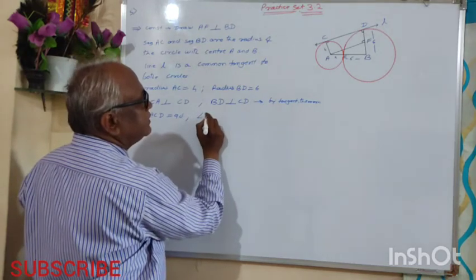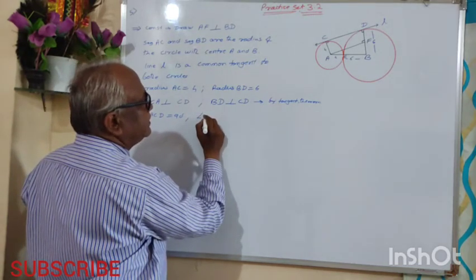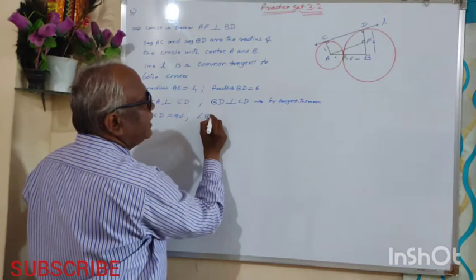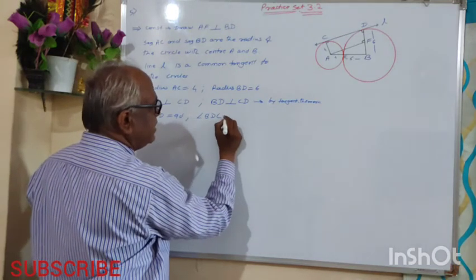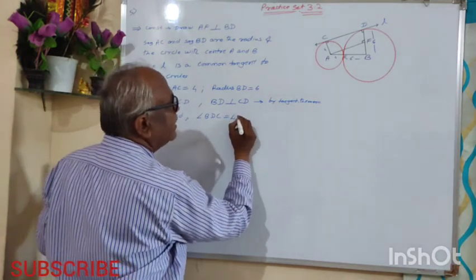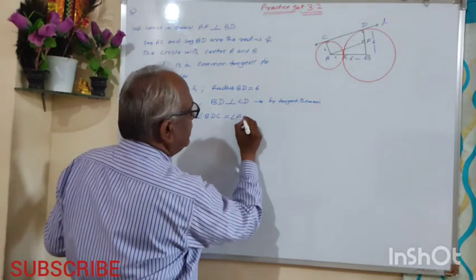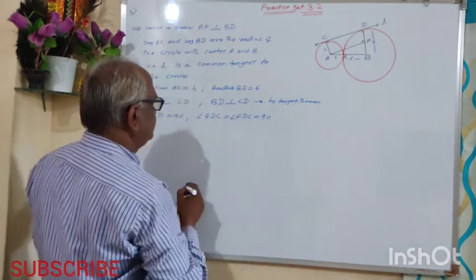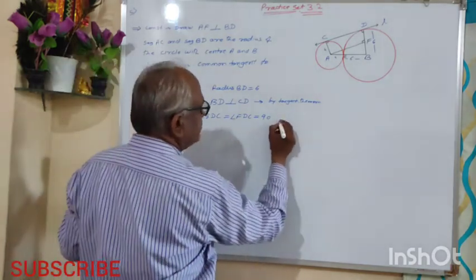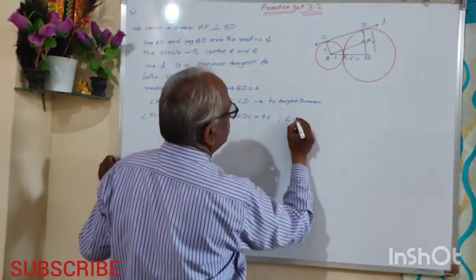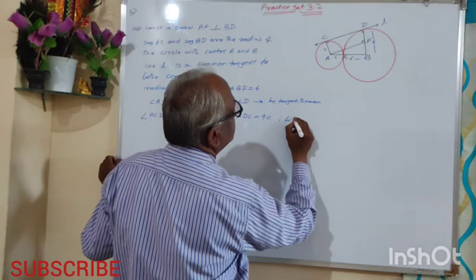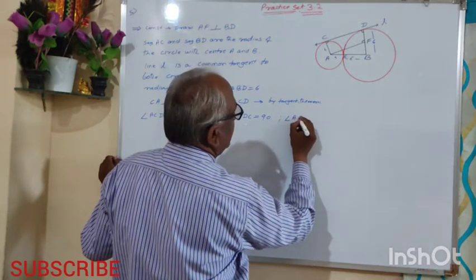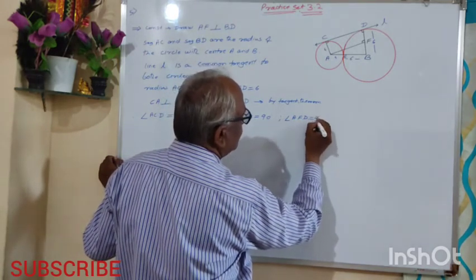Angle BDC, which is equal to angle FDC, is equal to 90 degree. And angle AFD is equal to 90 degree.